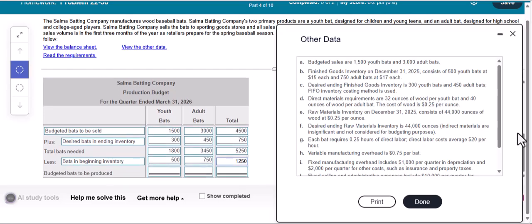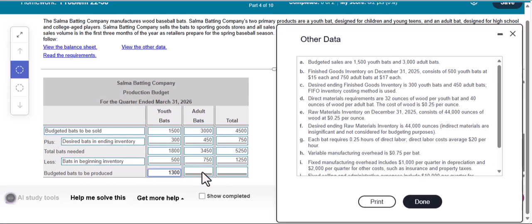And then let's go ahead and scroll down. So we have budgeted bats to be produced. So now for budgeted bats to be produced here for the youth bats category, that's going to be total bats needed less the bats in beginning inventory. So here for the first one, that's 1,800 less 500 in the beginning inventory. So that's going to give us 1,300. And then we're going to do the same for the adult bats. So we're going to take total bats needed of 3,450 and subtract out 750.